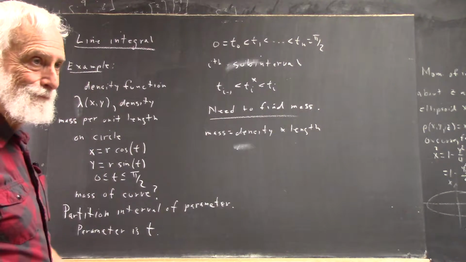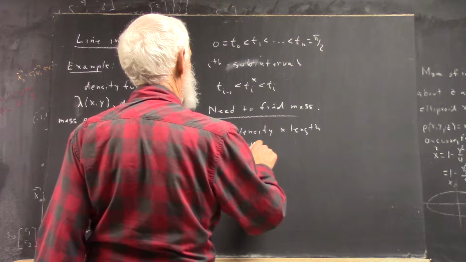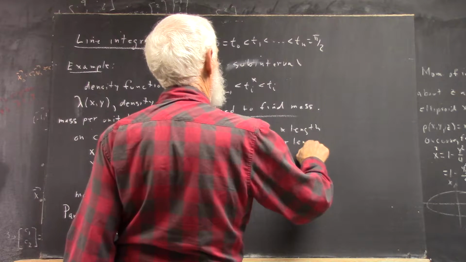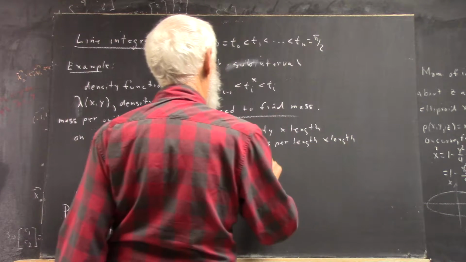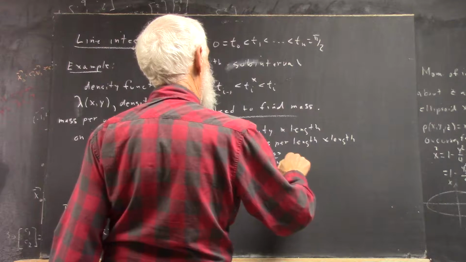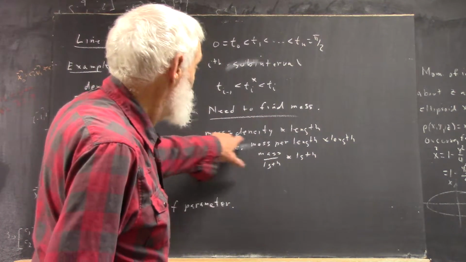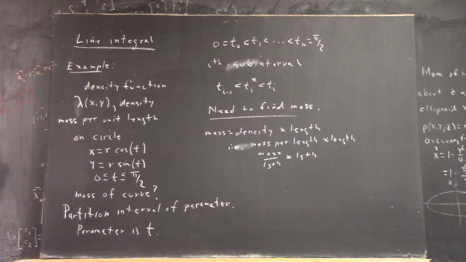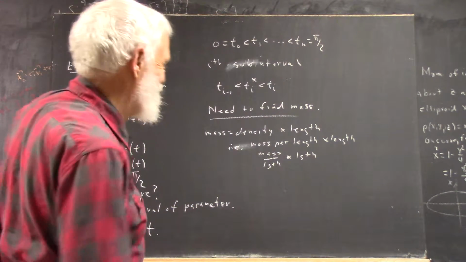So this is mass per length times length, right? This is how we think of it. This is why we multiply density by length. Now, I didn't write down the right words here, so that could have misled you a little bit.